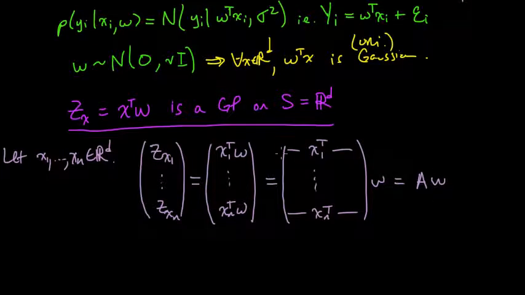And since W is a multivariate Gaussian, by the affine property of multivariate Gaussians, we know that A times W is also a multivariate Gaussian.